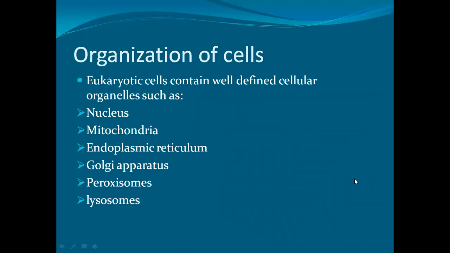If we go to the organization of the cells, these are also known as eukaryotic cells. They contain well-defined cellular organelles. Organelles are the different organs which constitute the cell. We have nucleus, mitochondria, endoplasmic reticulum, Golgi apparatus, peroxisomes, lysosomes.